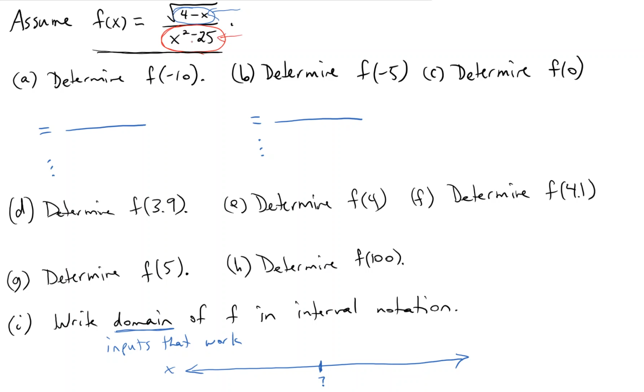So set this x squared minus 25 equal to 0 and solve that equation for x, and then come back and cut your number line again. And what you'll find is you're going to cut to the left of your first threshold and to the right of that threshold at two different values. So those will be the x values that make this denominator equal 0. Pause while you do that.